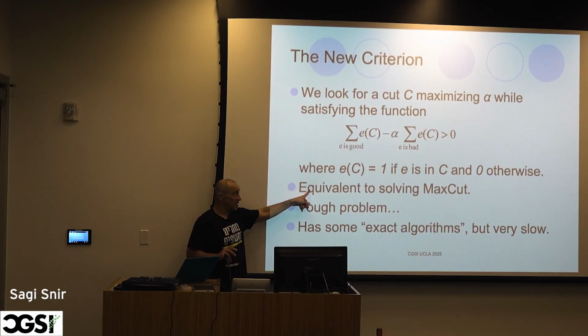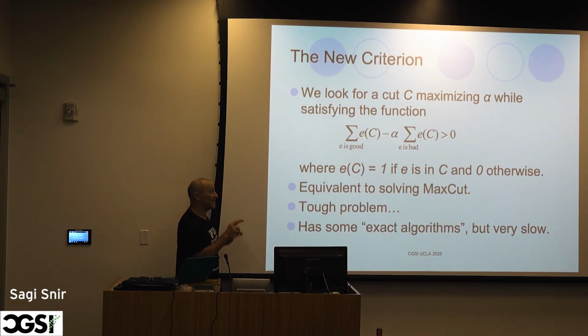However, it is equivalent. It can be shown it is equivalent to solving max cut. Max cut is NP hard. Tough problem. However, there are some exact algorithms. What are exact algorithms for NP hard? Approximation.